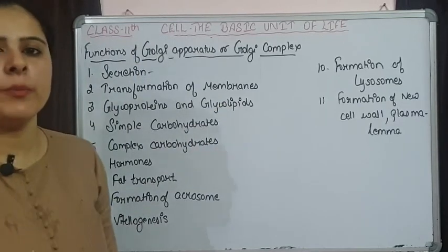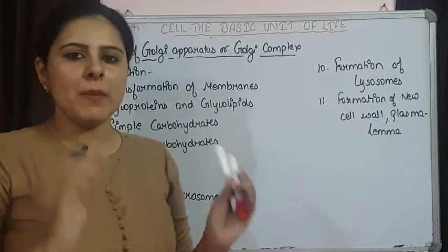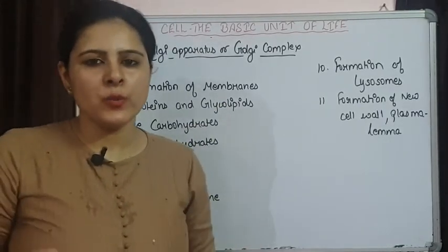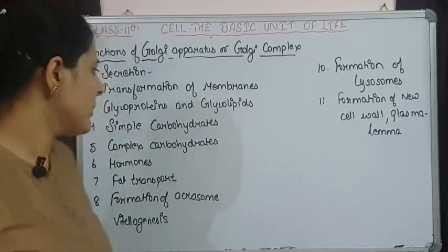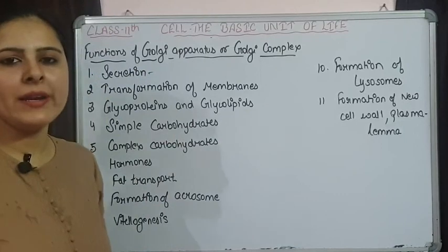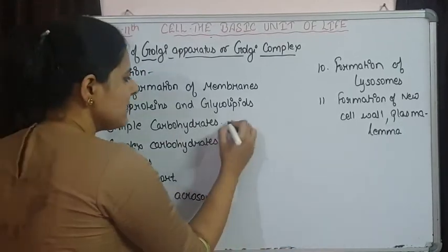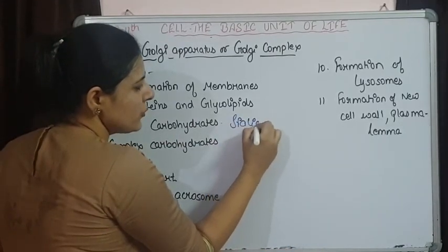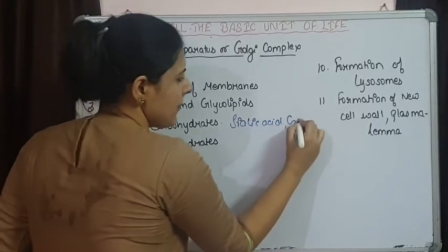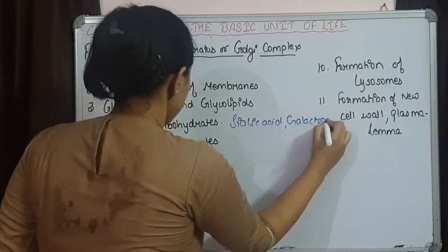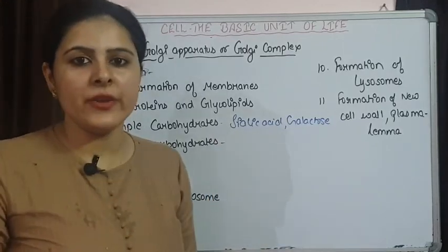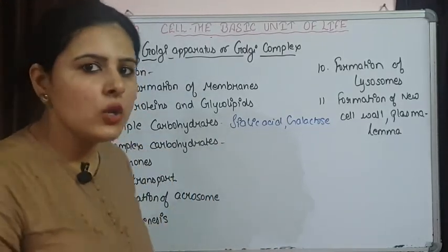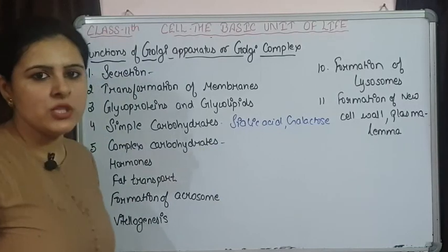Glycoproteins and glycolipids are formed. It is going to combine these lipids and proteins with carbohydrates for the formation of glycolipids and glycoproteins. There are simple carbohydrates like galactose, sialic acid, which are going to be formed in the Golgi apparatus. Then complex carbohydrates are formed like chondroitin sulfate, hyaluronic acid. All these are formed by the Golgi bodies.